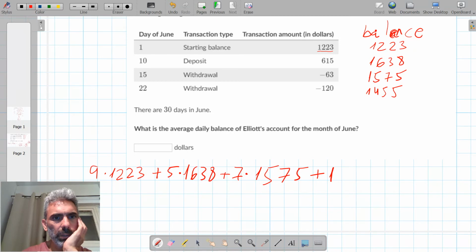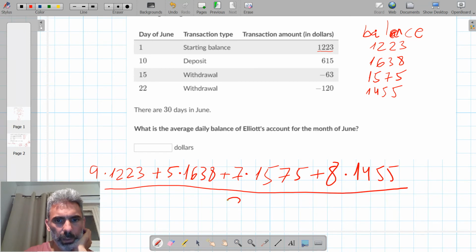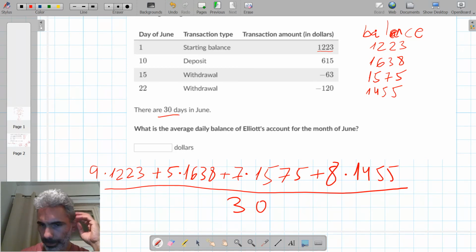This is the third period in the month, and for a duration of 8 days from June 22 to June 30, the balance was $1,455. You need to divide the total by 30 because there are 30 days in June. This is my logic.